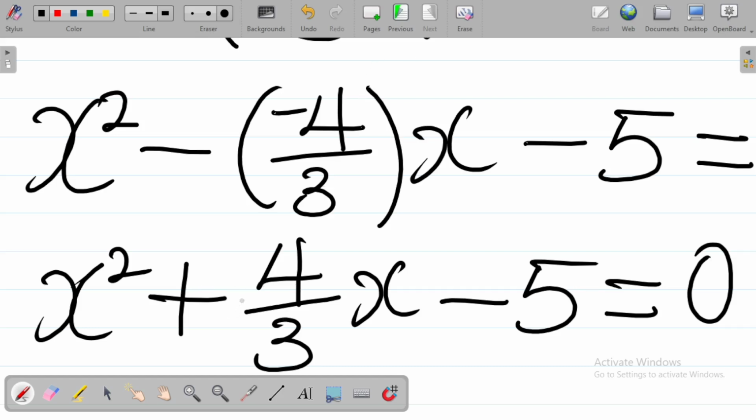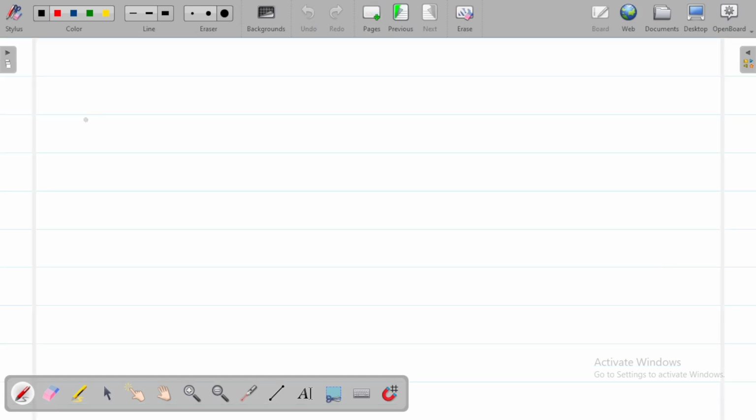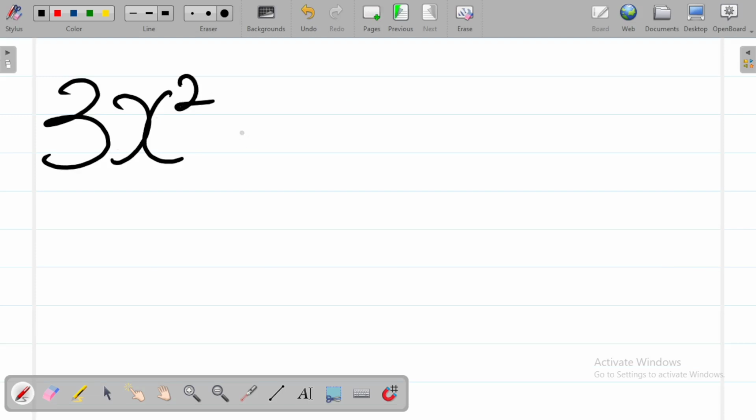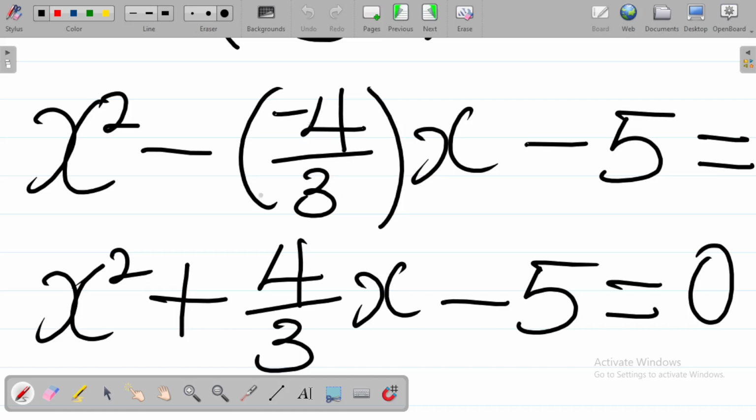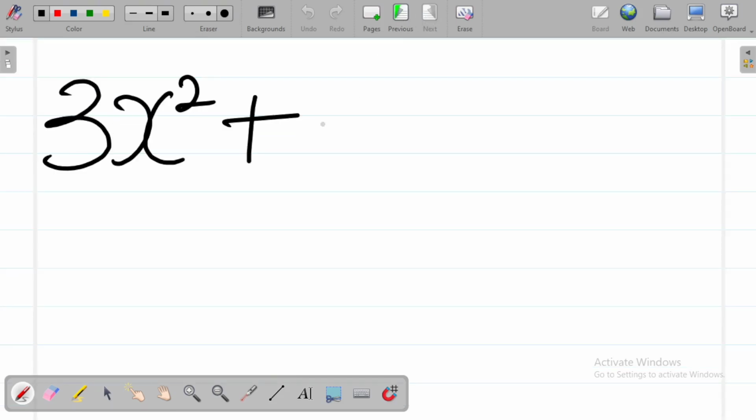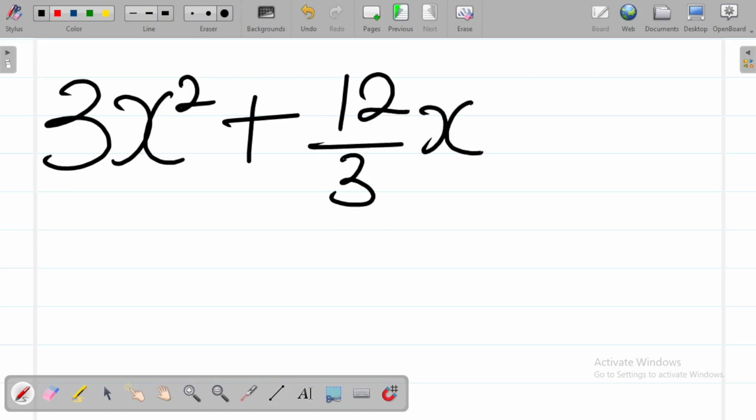Our next task is to multiply through by 3. So if we multiply through by 3, it will give us x squared multiplied by 3 is 3x squared. And then plus 4 multiplied by 3 is 12. So we have 12 all over 3 and then x.